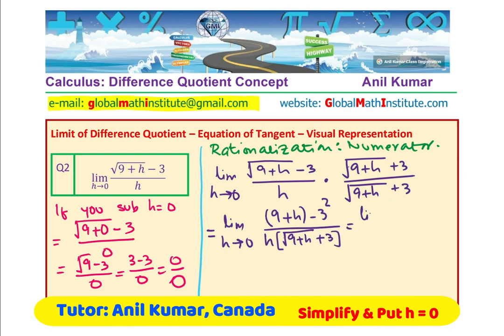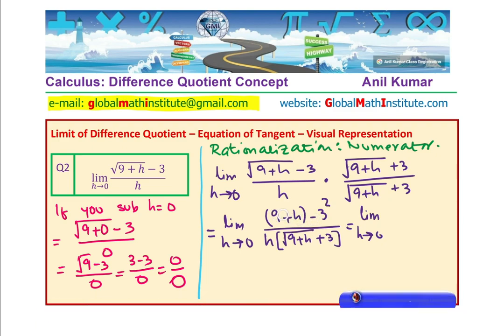So that gives you limit h approaches 0. And here, 9 minus 9 will be 0, so you get h over h times square root of 9 plus h plus 3.